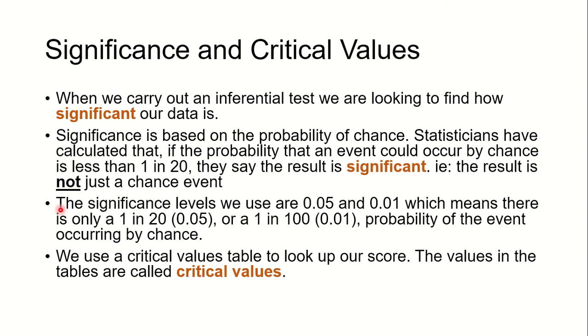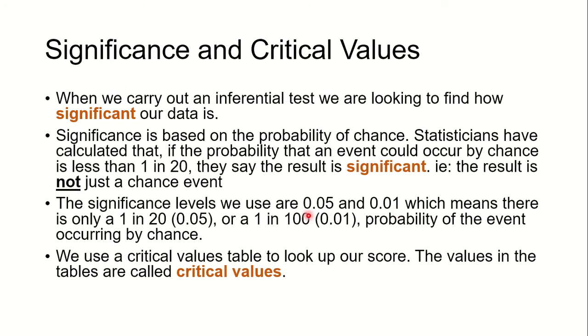Now, the significance levels that we use are 0.05 and 0.01. What does that mean? Well, they are the chances, our certainty out of 100 that the event did not occur by chance.